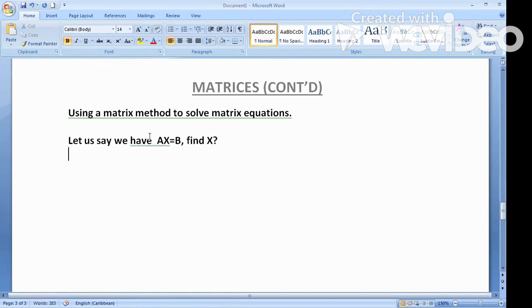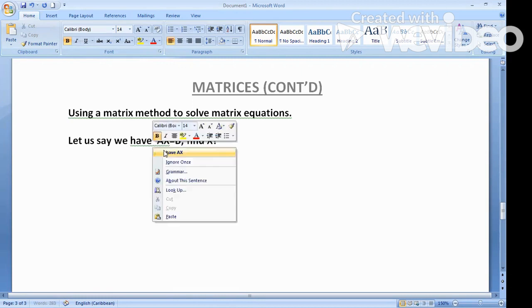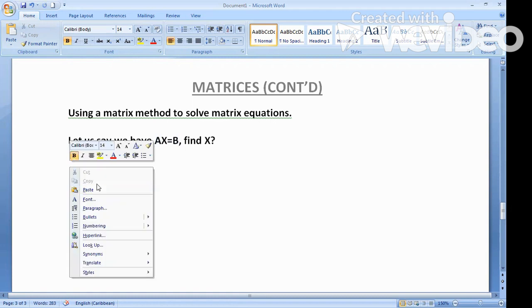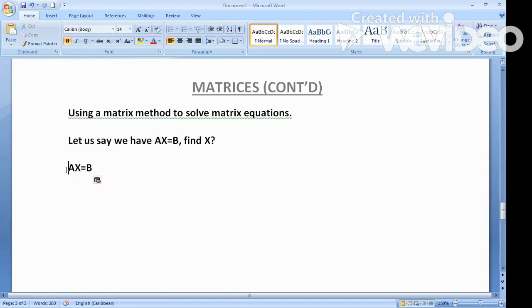So to find X, this is what we do. AX is equal to B.